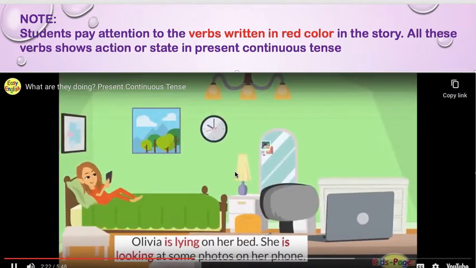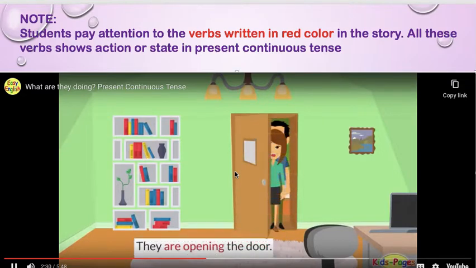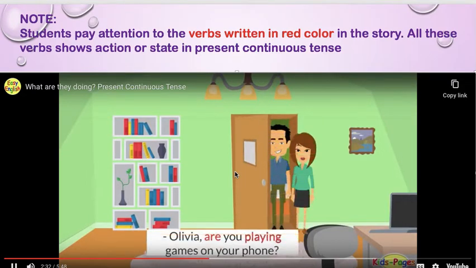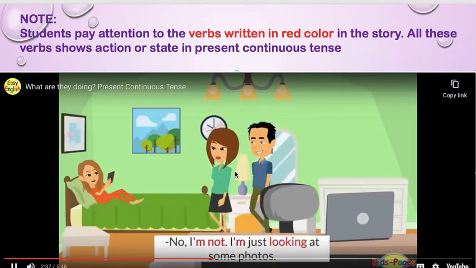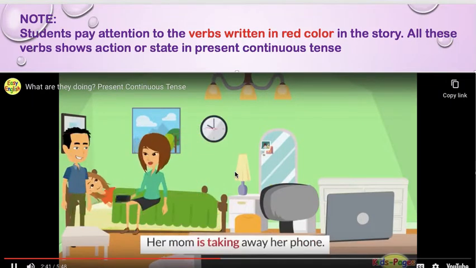Olivia is lying on her bed. She is looking at some photos on her phone. Her parents are knocking at the door. They are opening the door. Olivia, are you playing games on your phone? No, I'm not. I'm just looking at some photos. Her mom is taking away her phone.